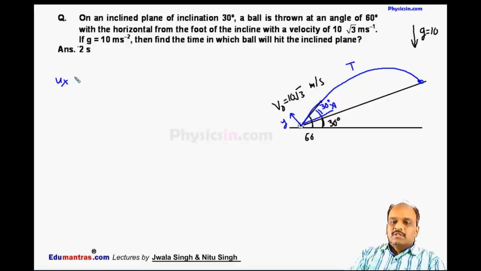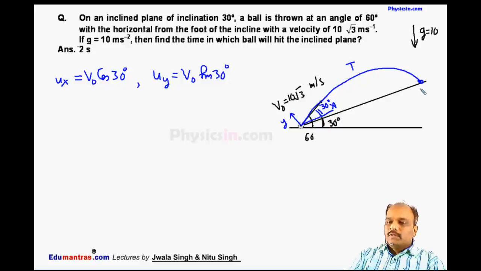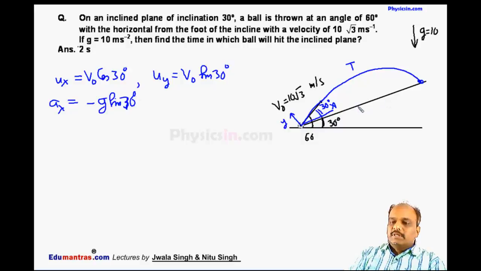So I can write ux is v naught cos 30 and uy is v naught sin 30. ax is minus g sin 30, because here this is beta and beta is also 30, alpha is 60 degrees, and ay is minus g cos 30 degrees.